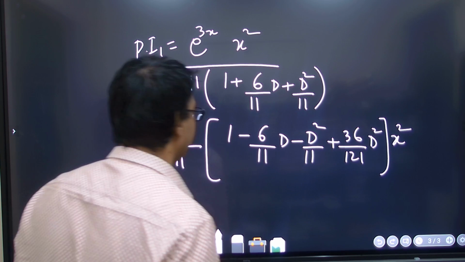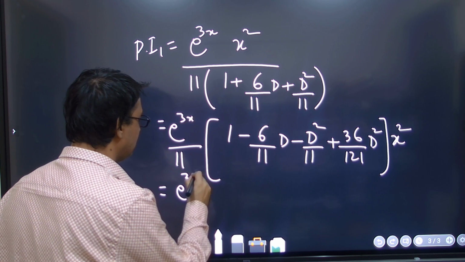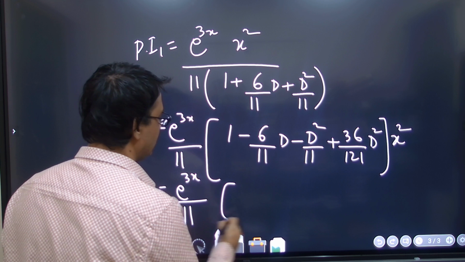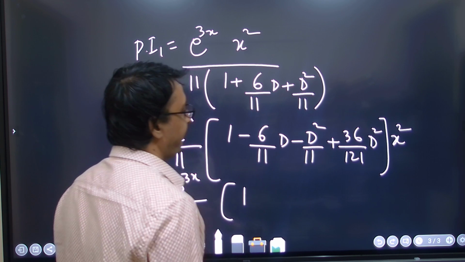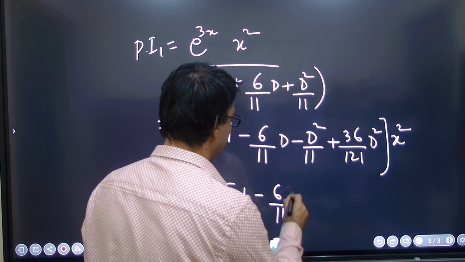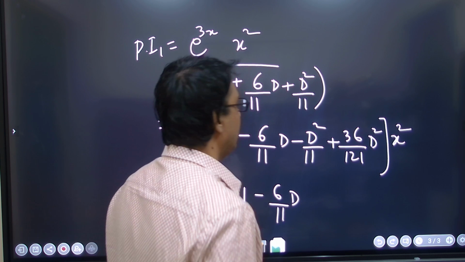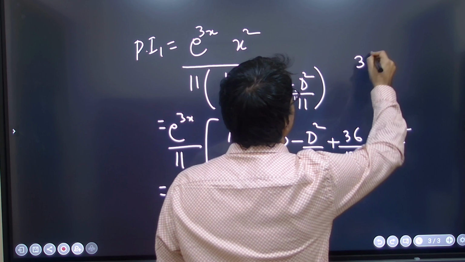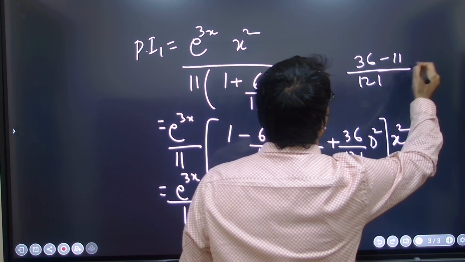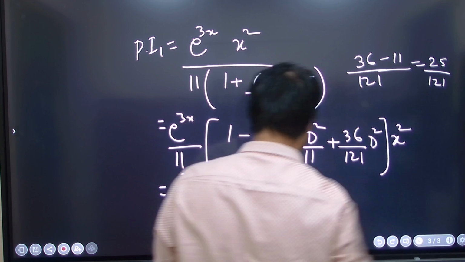So once we find this value, e to the power 3x upon 11, and we compare over here, this is 36 by 121 minus 1 by 11. If you do this calculation, this is 25 by 121.